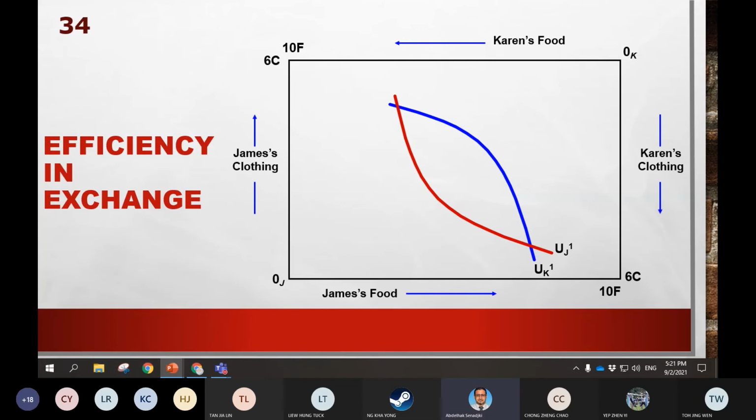Now we are agreed that the red one, UJ1, is the indifference curve for James, and UK1 is for Karen.